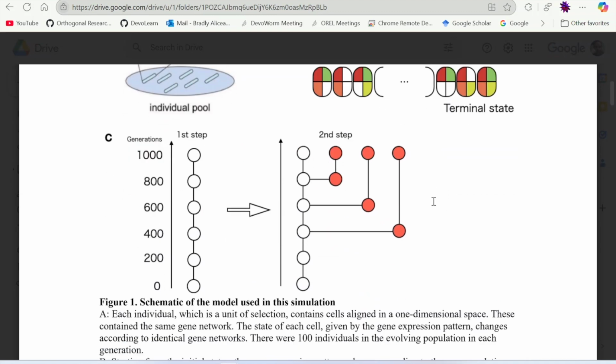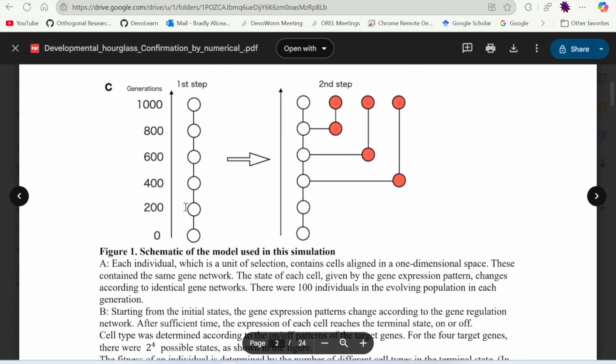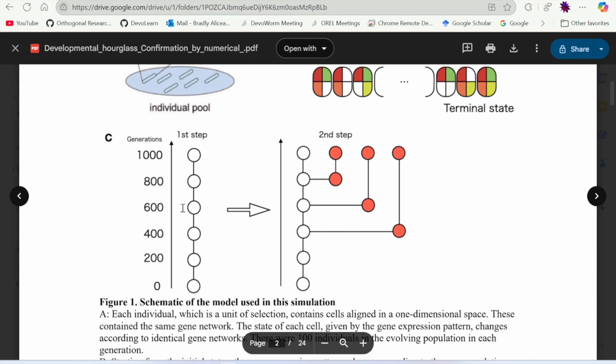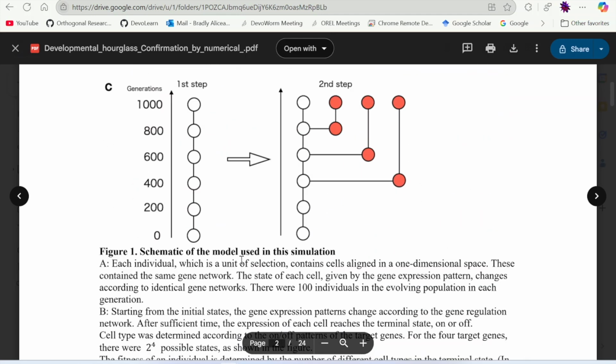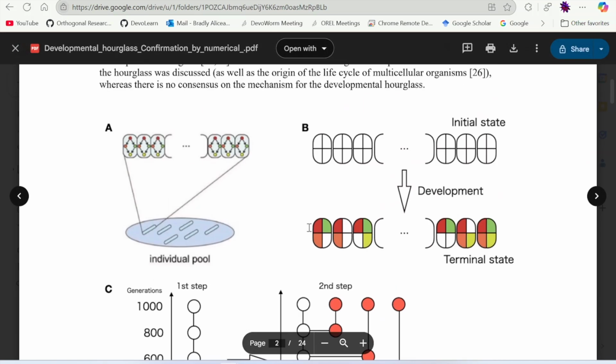So this is a schematic of their simulation. What they did is they took development and used a simulation, an abstraction of this. In this case, we go from A to B to C. In A, each individual, which is a unit of selection, contains cells aligned in a one-dimensional space.